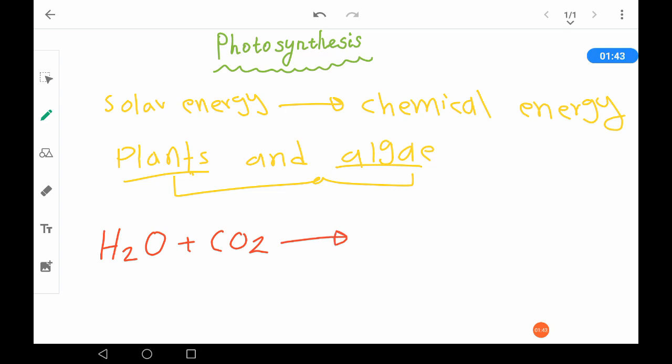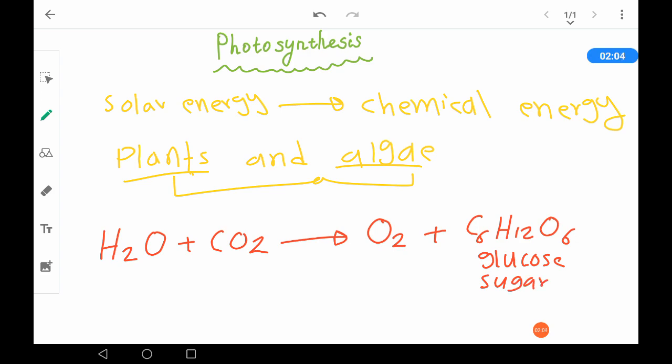As a result, it will produce oxygen, which we and the animals use for the cellular respiration process, plus C6H12O6, which is glucose, or we can say sugar.